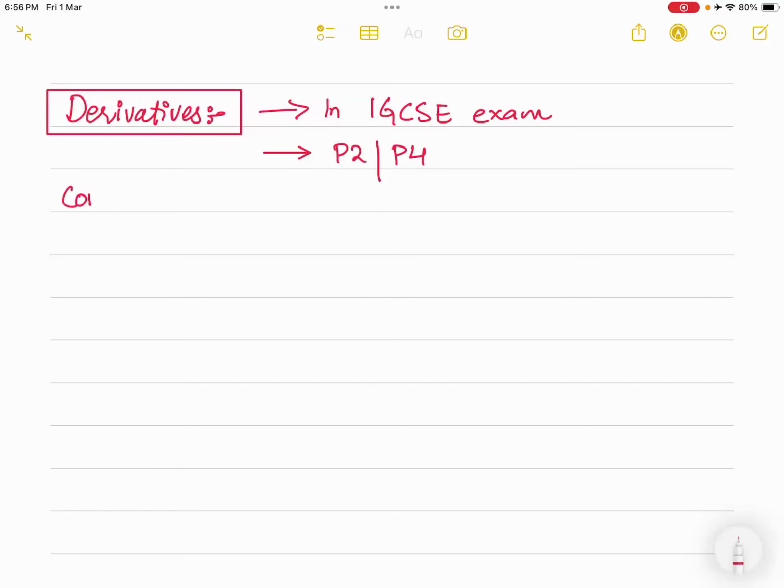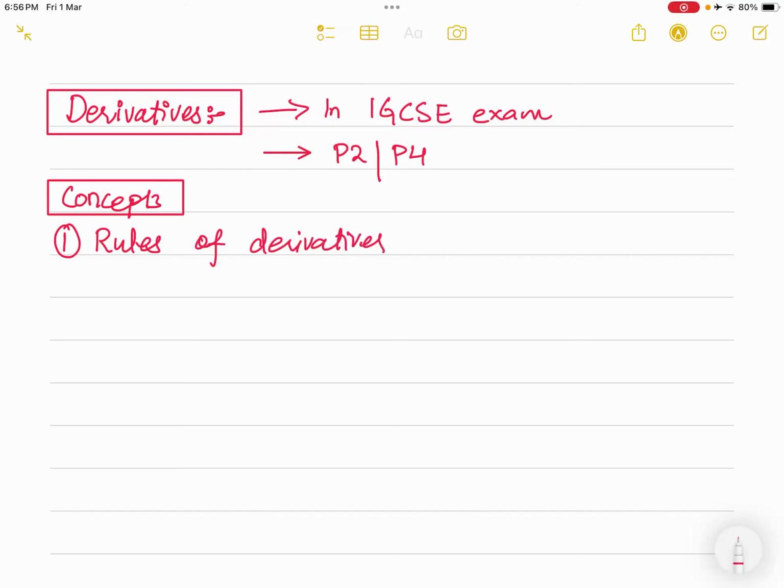There are a few concepts in this chapter which we will study. First one is rules of derivatives. Second concept is finding gradient using derivatives.